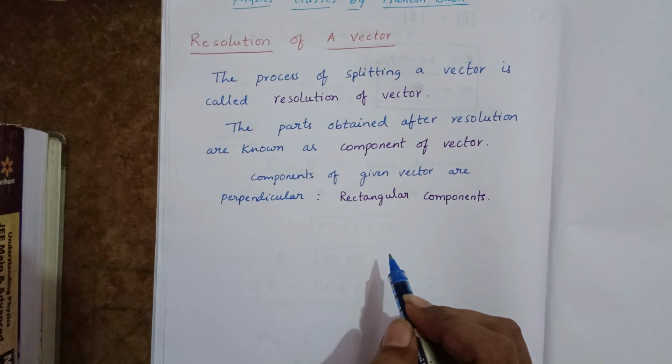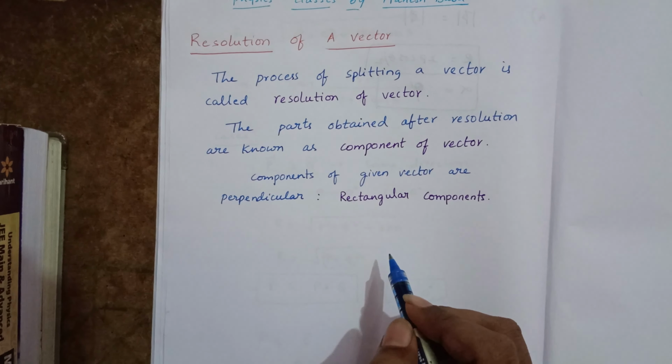So from here we can write OQ equal to OP, which is A, cos theta. So OQ we can write as the x component AX. The x component of vector A is AX. The y component of vector A is AY. So OQ we can write AX equal to A cos theta.